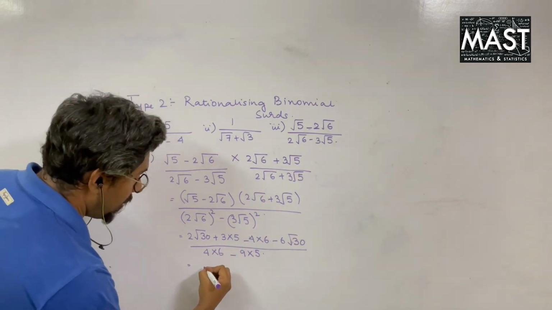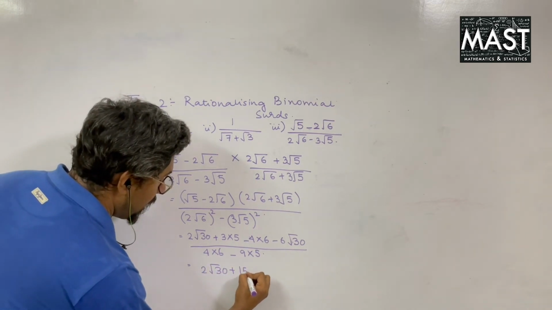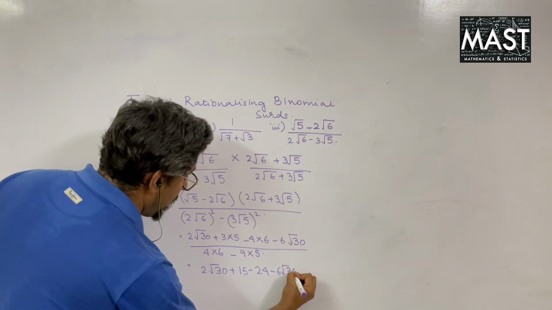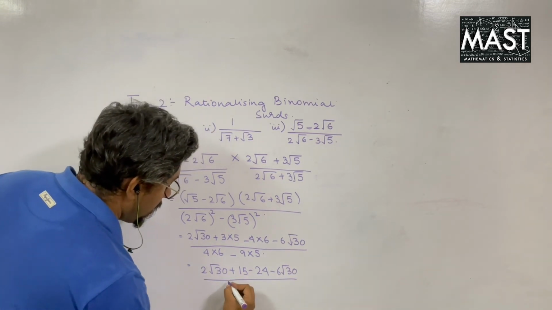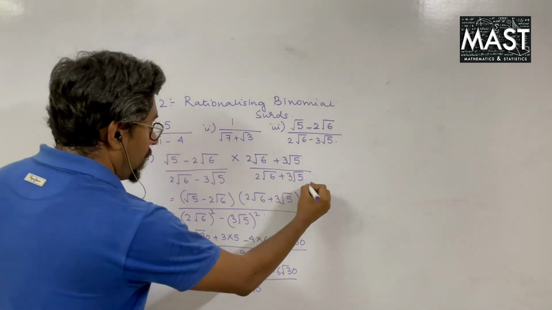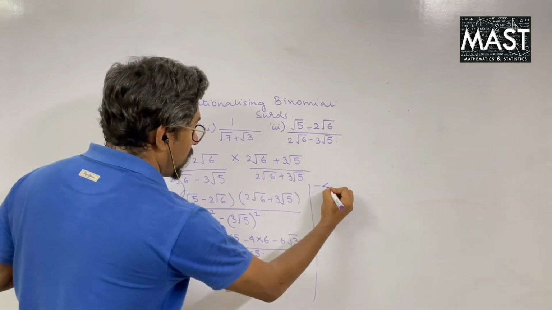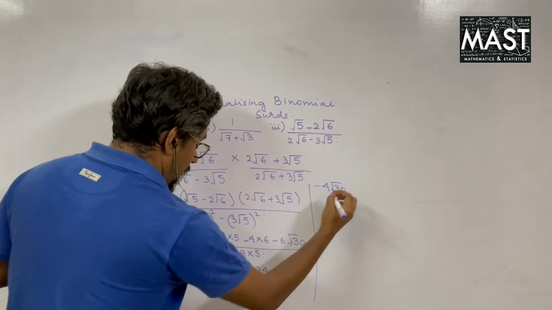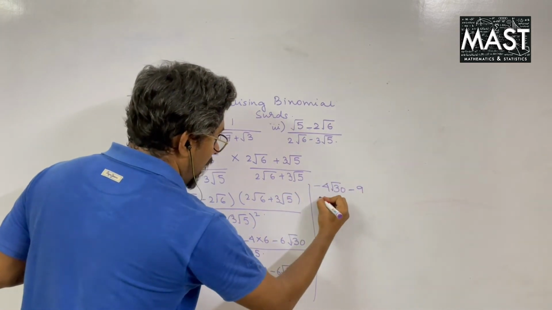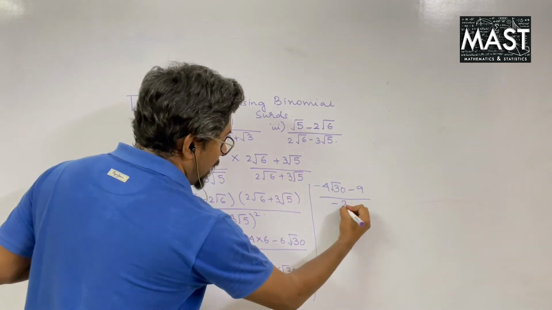So we will have 2 root 30 plus 15 minus 24 minus 6 root 30 by 24 minus 45. Which will give us 2 root 30 minus 6 root 30 would be minus 4 root 30, and plus 15 minus 24 will be minus 9, by 24 minus 45 would be minus 21.